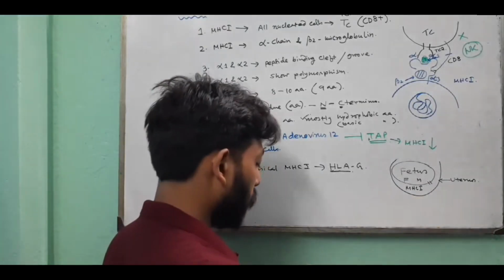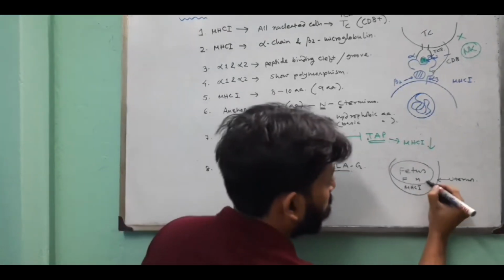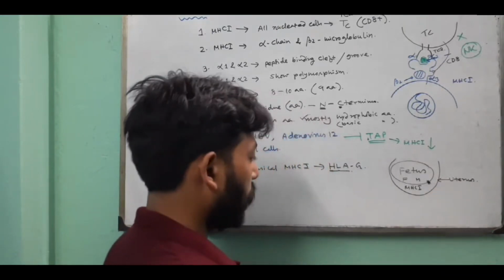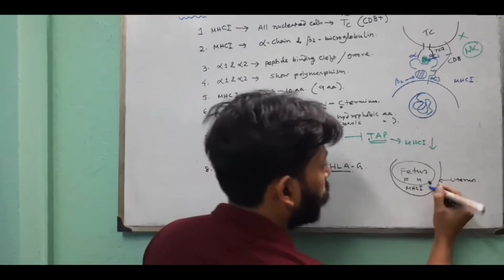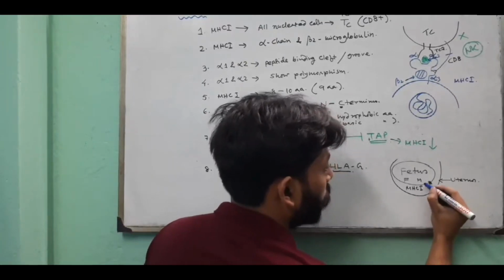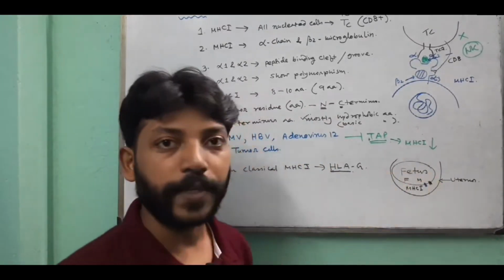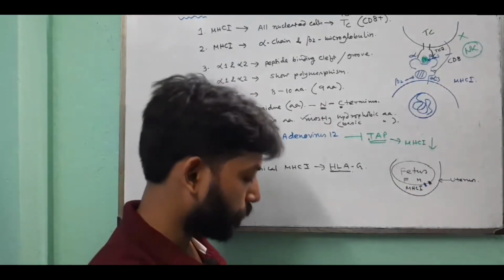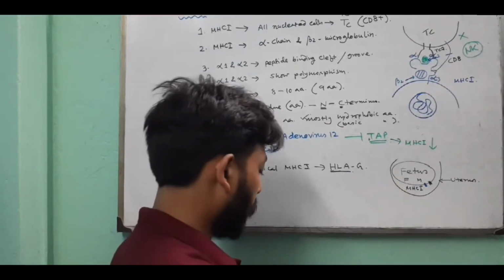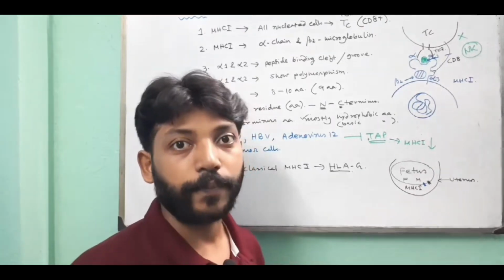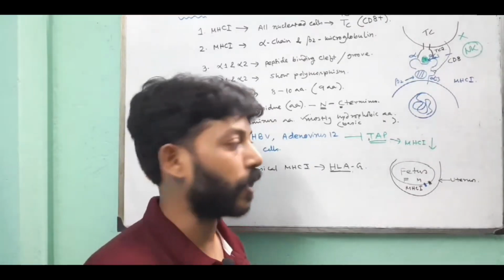So now let's assume this is the mother class 1 MHC molecule, and this is the father class 1 MHC molecule. These fetus cells are expressing both MHC1 molecules. Sometimes the fetus cells can express paternal, means father antigen.